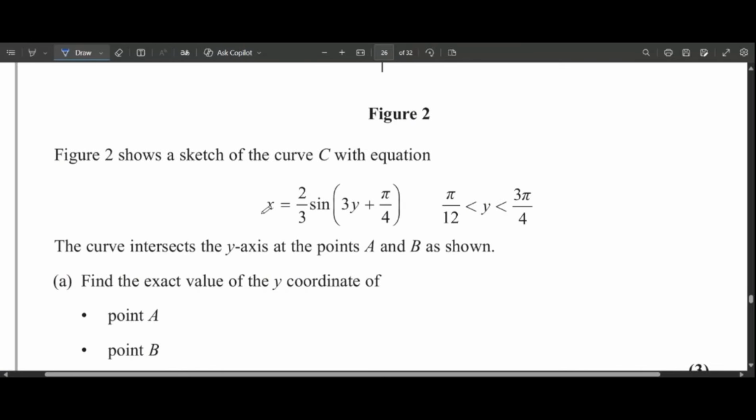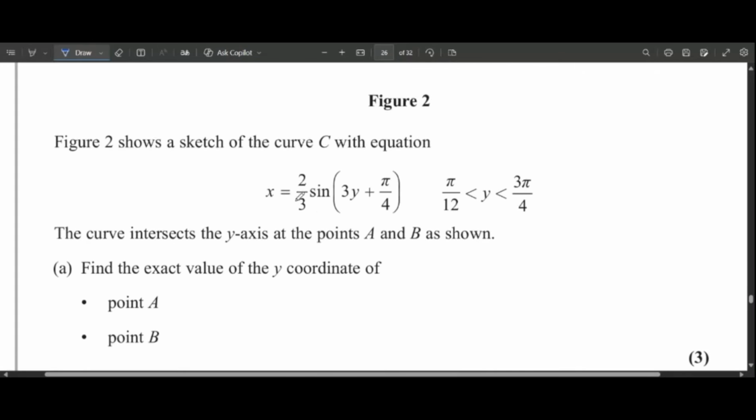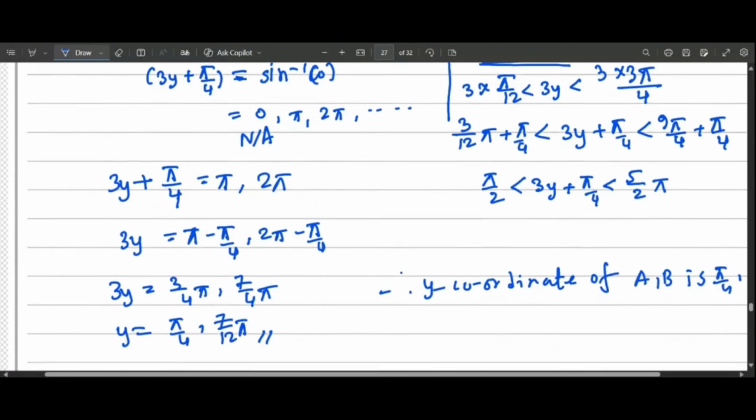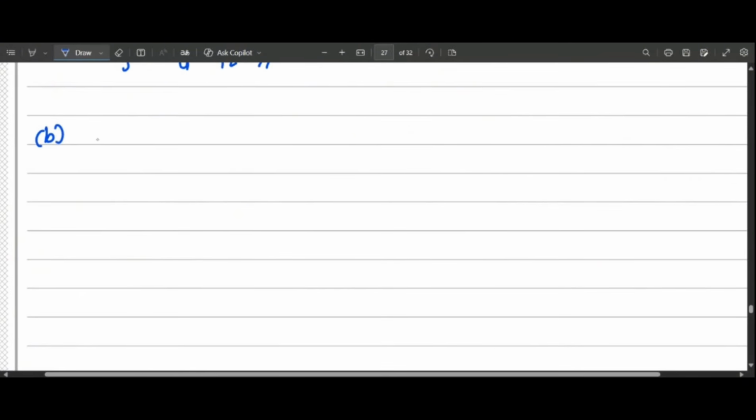So what we can do for our convenience is differentiate with respect to y, and then we can work our way around to find the dy by dx for this expression. So we are going to do that. We know that our expression is x equals to 2 by 3 sine 3y plus pi by 4.